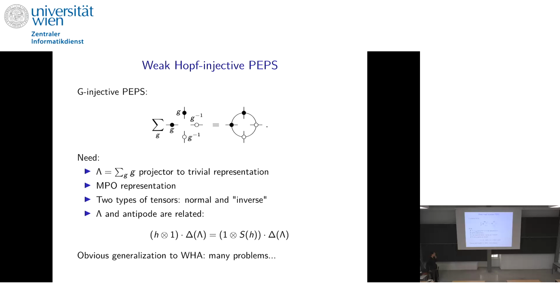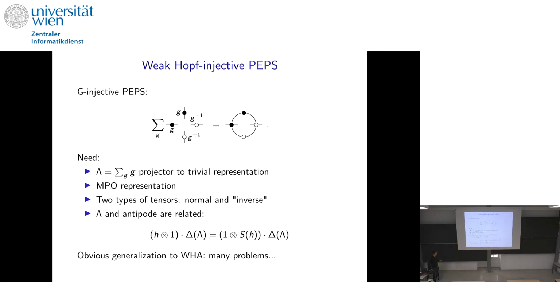Okay, so in principle, you could just go into Hopf algebras and find a projector to the trivial representation. These are called integrals, and they have this very nice property. You can try to just do this construction. However, you quickly notice that there are some subtleties and many problems.